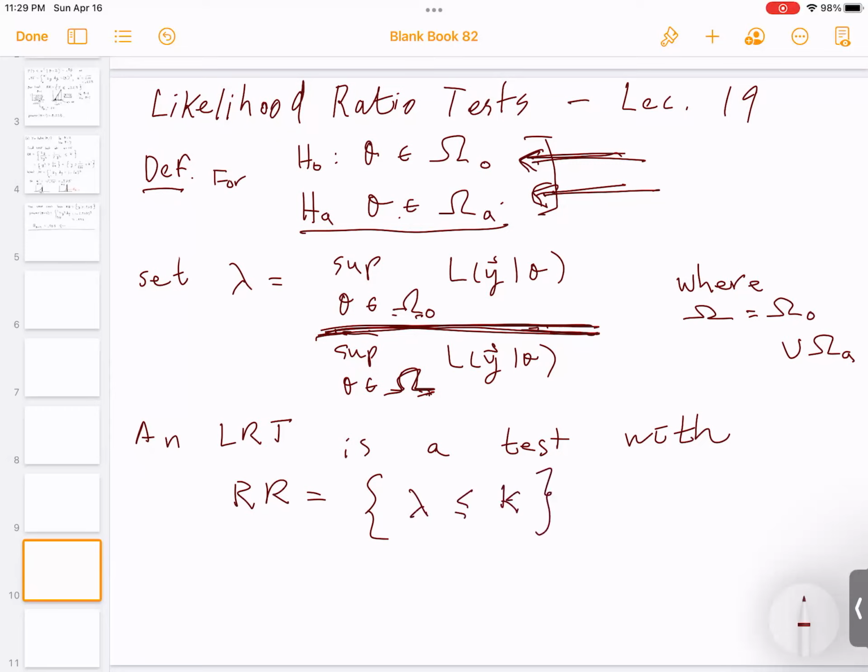Okay. So again, it gets into computing likelihoods and finding their max or their sup. But this is the definition of an LRT. Theta can be vector valued here. I didn't put the arrow over it, but you could put an arrow over it if you want.